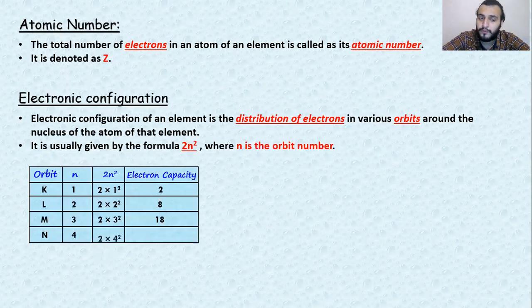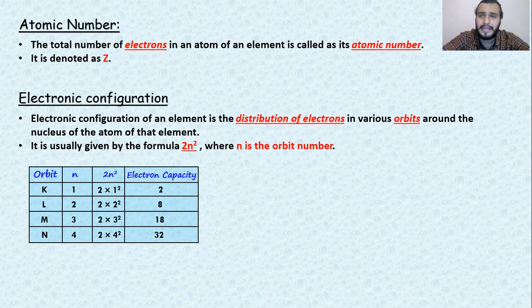So 2 into 4 square, 4 square is 16, 16 twos are 32. The electron capacity of the fourth shell is 32. That means electrons are divided among these orbits. So the capacity of the first orbit is 2 electrons, second is 8, third 18, and fourth 32.